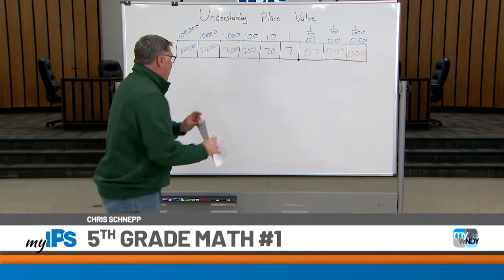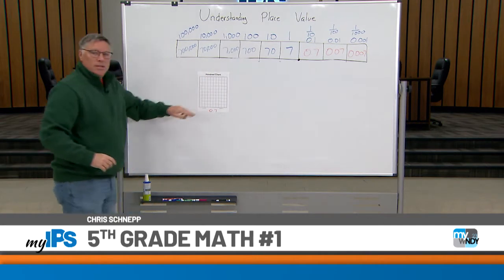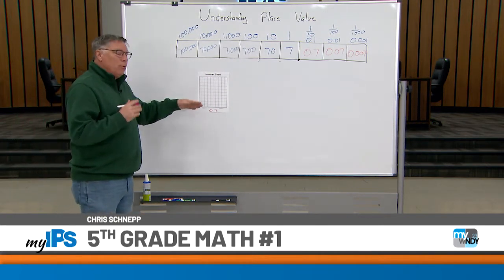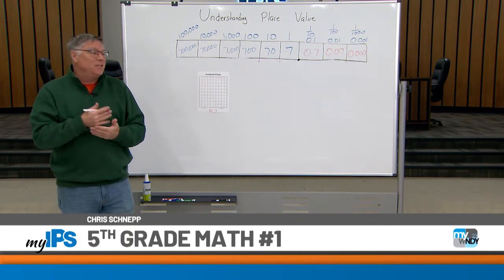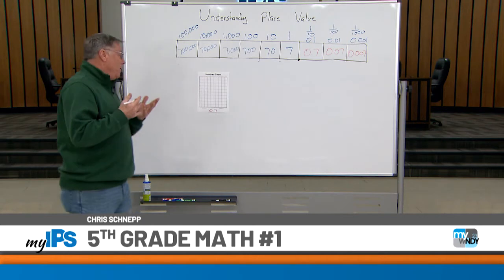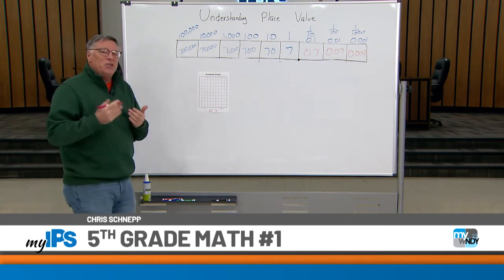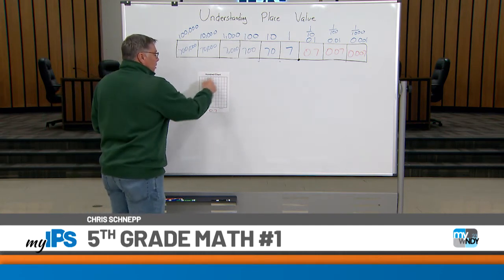Okay, and we're going to start out with the number 0.7. Now, on the hundredths chart, 0.7 is actually 7/10. Remember, we want to say it by its value and not by the numbers that are there. So we're going to shade in 7/10 on the hundredths chart.